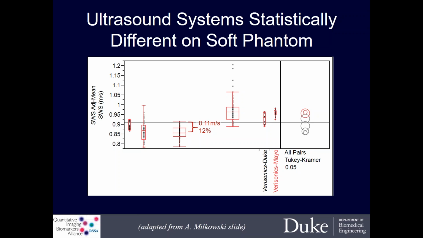Now we're starting to get a quantitative feel for how much these systems varied from one another in these elastic phantoms. Please keep in mind that these data included 3 different focal depths that were being measured, 3, 4.5, and 7 centimeters. And as I'll show you in a bit, that focal depth variability was potentially one of the primary confounders. These data I'm showing here are for the soft phantom.